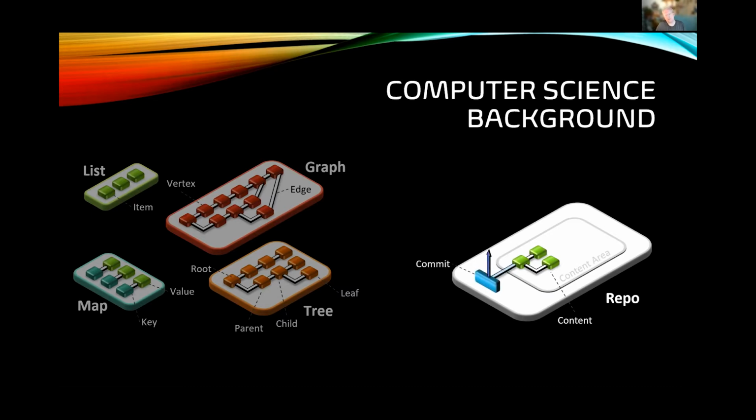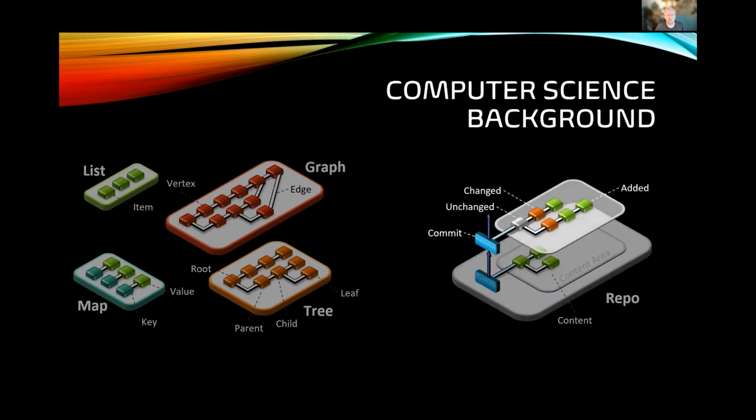What we then want to do is to be able to commit that content area, make a snapshot of it. And then what we do is we can start modifying the content. So maybe you can change certain values, maybe you can add more content, but you could also leave content unmodified. And then you can snapshot that again.